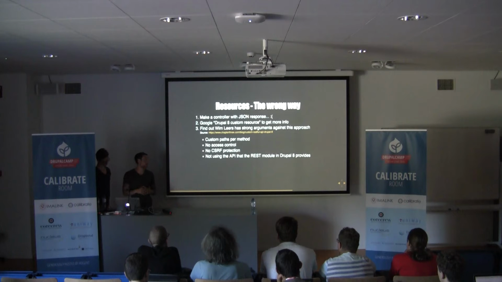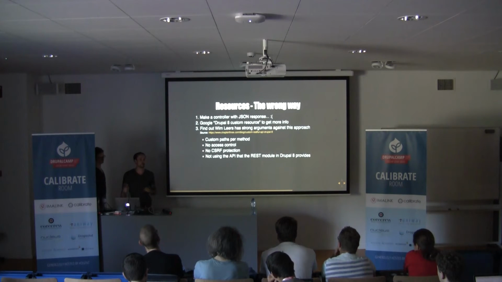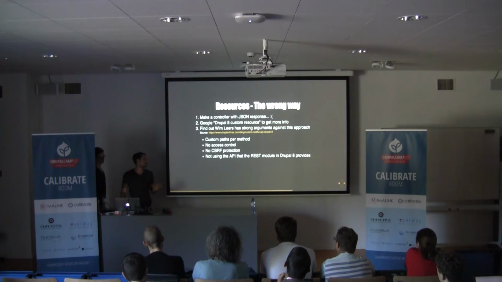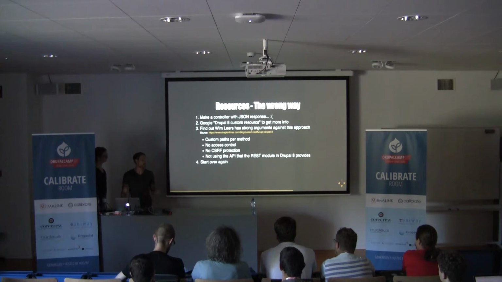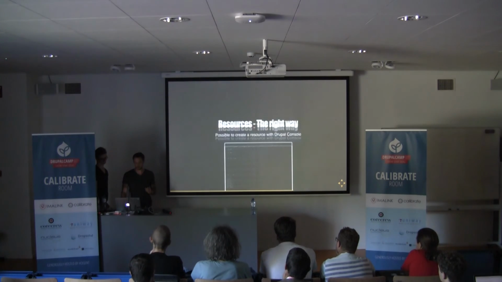Because you have custom paths per method, which means you have a custom path for the gets, custom path for posts, for puts, for all different methods. You have no default access control, no CSRF protection, and you are not using the Drupal core REST API. So yeah, step 4, start over again. This is exactly what we did. We started over again, and we did it the right way.